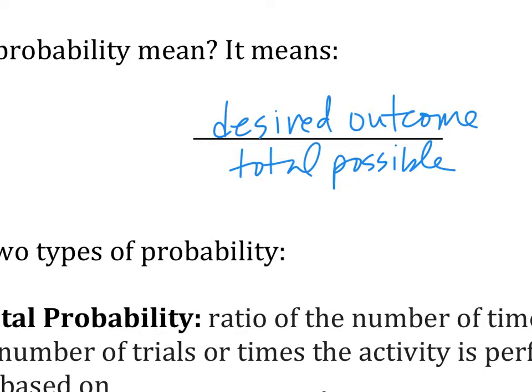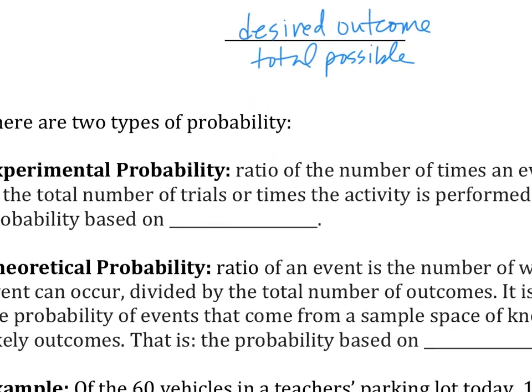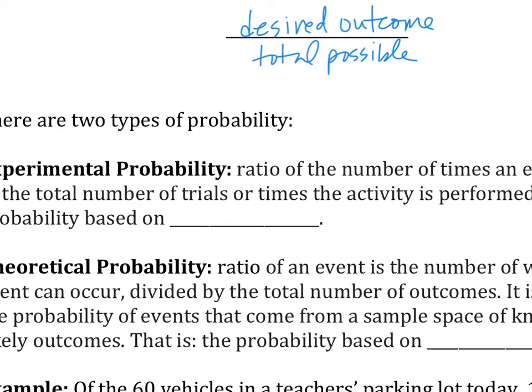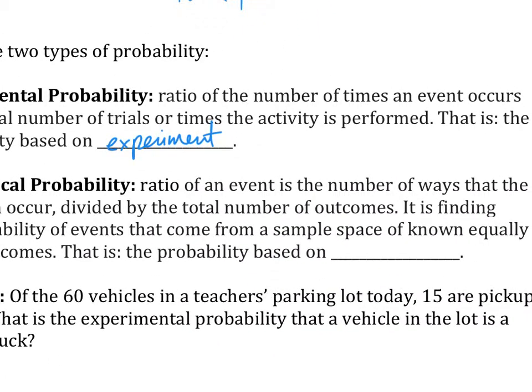Okay, a chance of what you want over how many ways it can happen. So there are 2 kinds of probability. One is experimental, which is what actually happens in an experiment. And then theoretical is what should happen in theory.